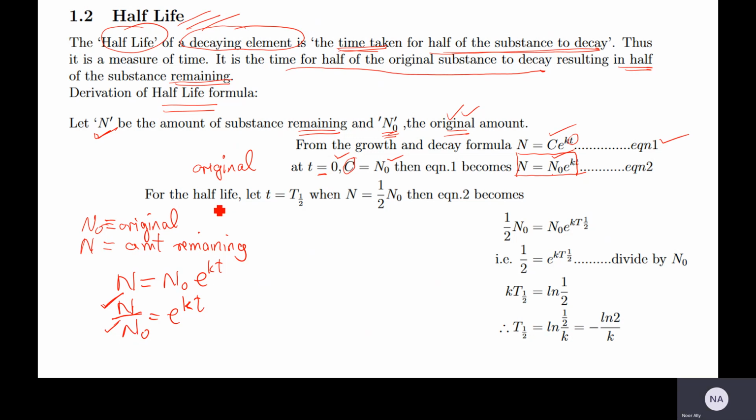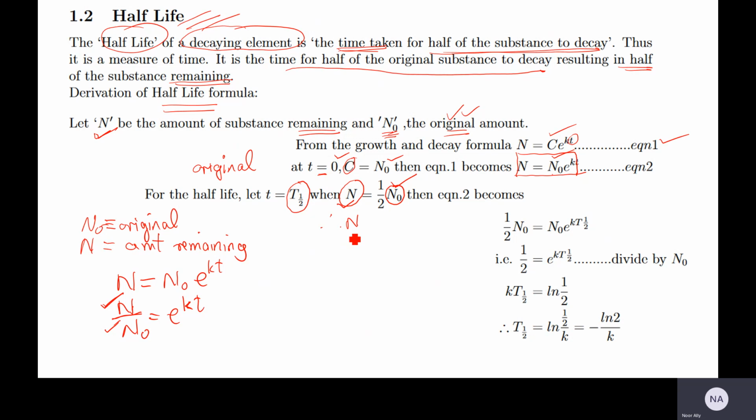Now, for half-life, I'm going to use T half to indicate the half-life. And because we're dealing with half-life, the amount remaining must be half of the original amount. Look at that carefully. N is the amount remaining. N0 is the original amount.